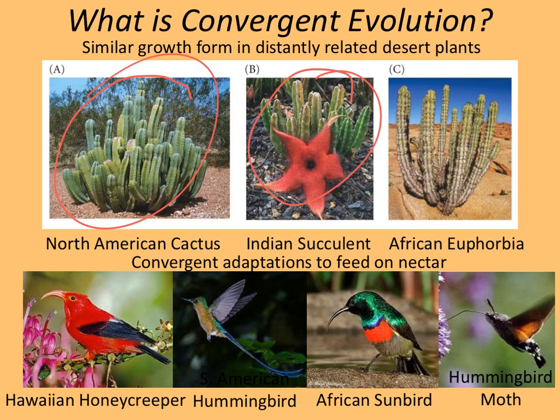And then there's this moth, called a hummingbird moth. They do the same sort of thing. Both species actually hover when they're feeding. Okay? And then this is a sunbird in Africa. But you see similarities because they're all feeding on the same food type. And you need specialized structures to actually feed on nectar.